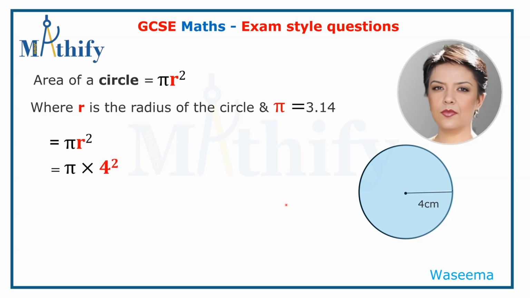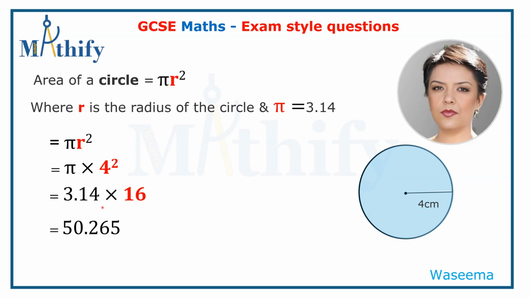So if we were to solve this circle, what would be the area of the circle? We would do pi multiplied by 4 squared. So pi multiplied by 4 squared would be 16 pi, or you could write it as 3.14 multiplied by 16.